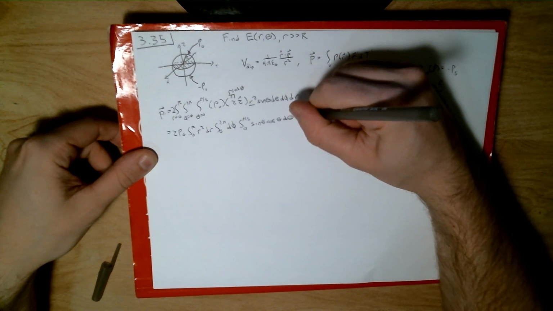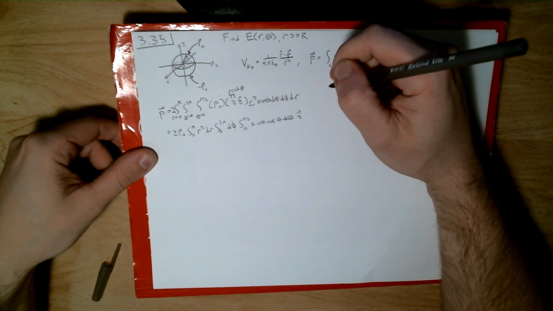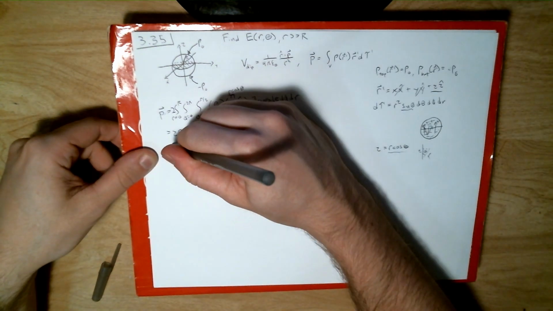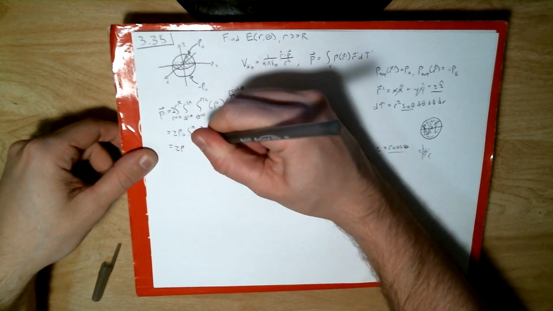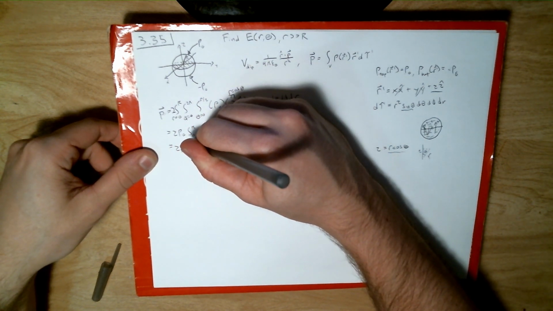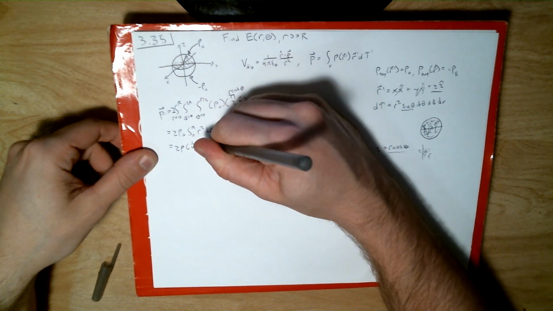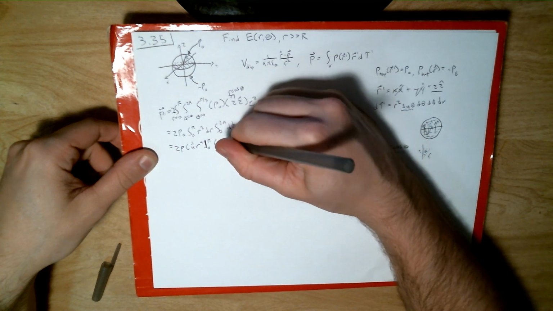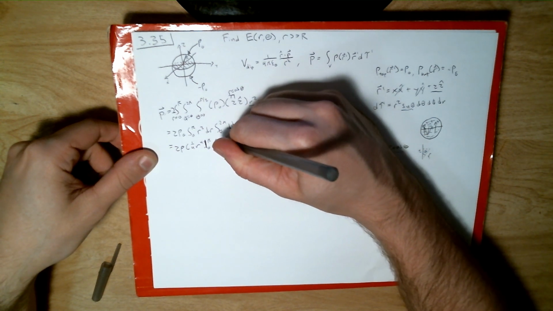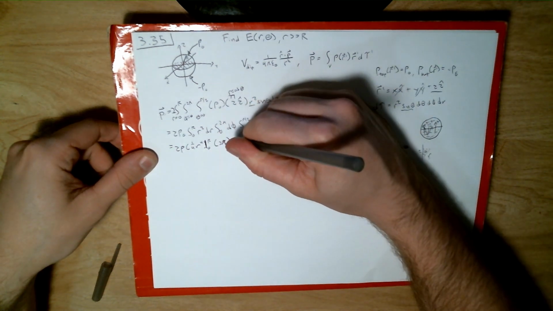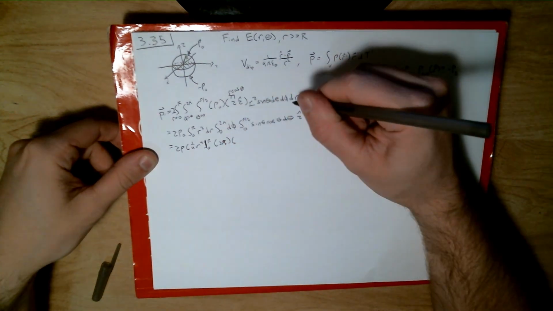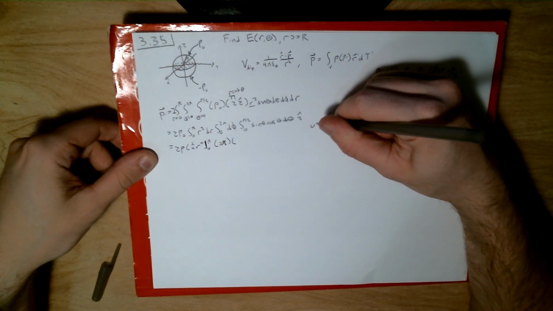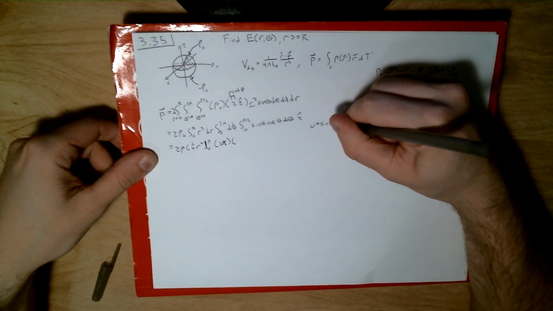And this is all in the z hat direction. Now we just solve our integral to rho naught. We get 1/4 r to the 4th, evaluated from 0 to r, and we get just 2 pi for our phi. And doing a quick u sub here, we could set u equal to sine theta.